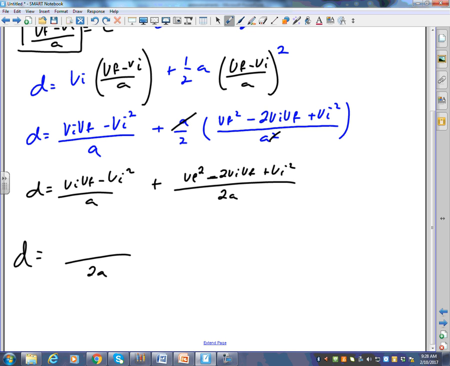So I get 2VI VF minus 2VI squared. Right? You're just multiplying the top by 2. And then this one's all the same. And it starts to condense now here, you guys. VF squared minus 2VI VF plus VI squared all over 2A.